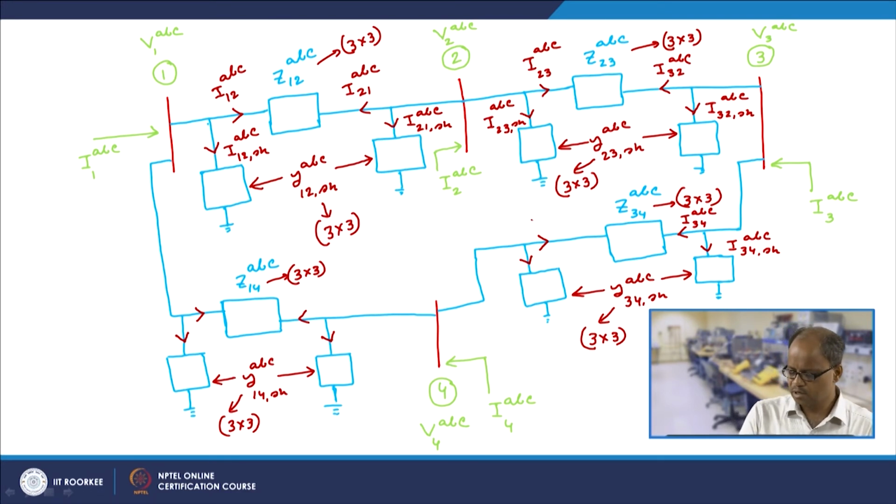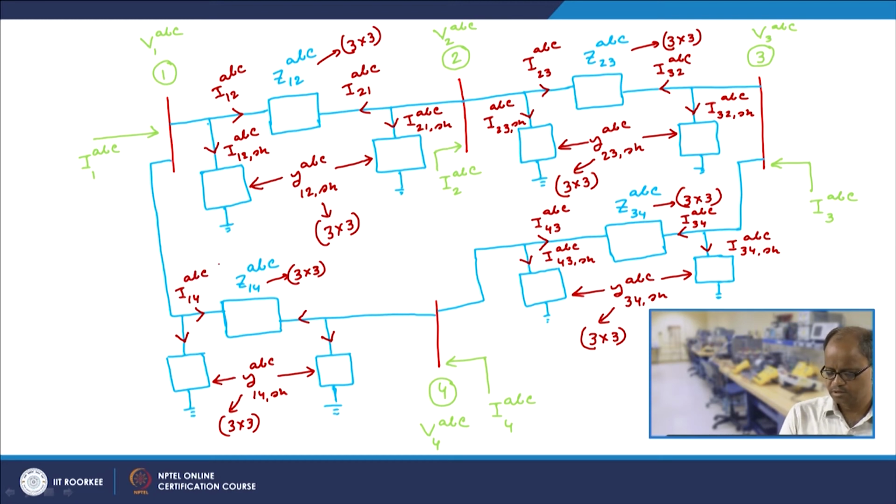This current is I43 ABC, and this current is I43 shunt ABC. This current is I14 ABC, and this current is I14 shunt ABC.